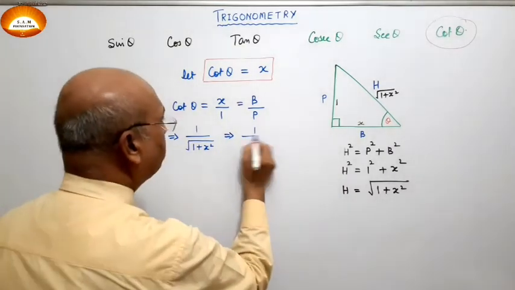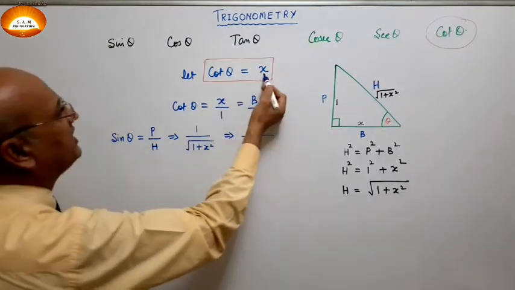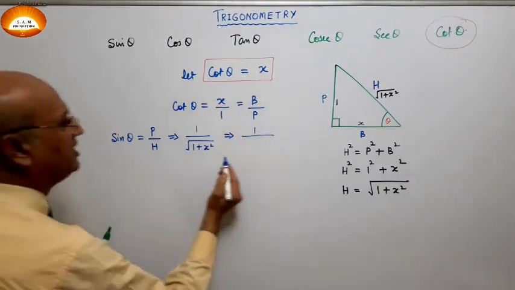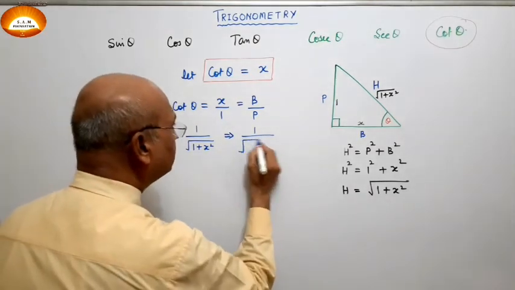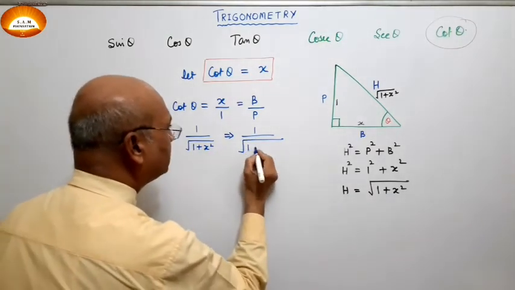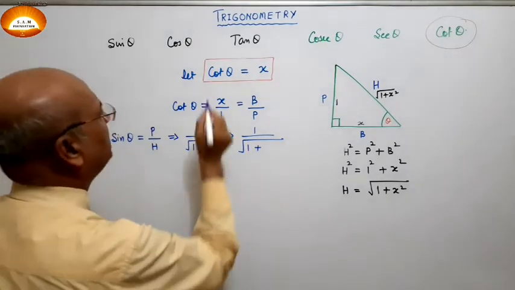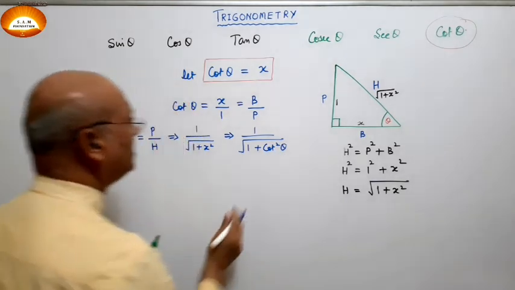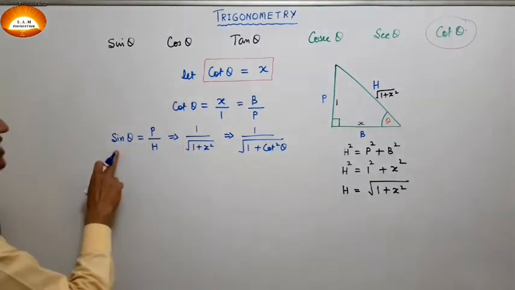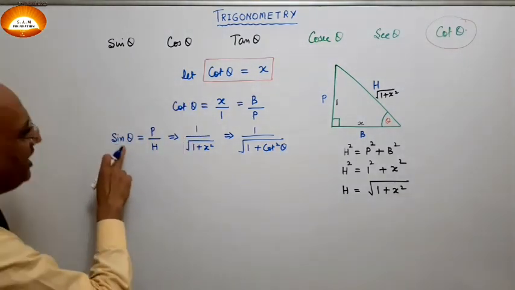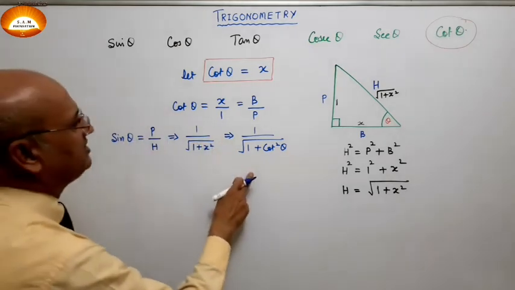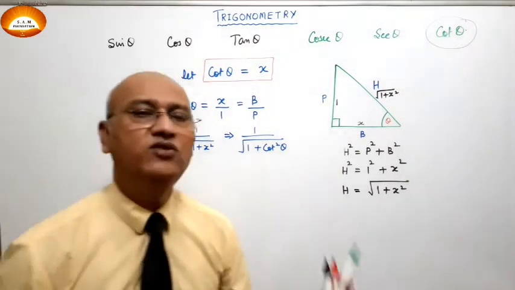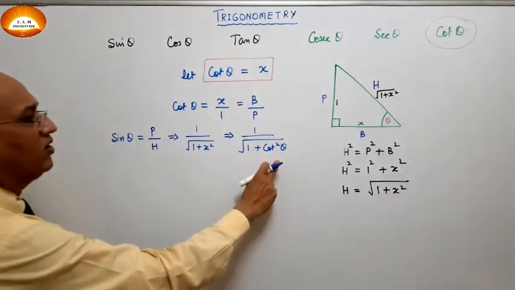Again 1 upon, what was the value of x? The value of x was cot theta. So x square will be cot square theta. So we can write 1 as it is, and in place of x square we can write cot square theta. So see what I have done. I have expressed sine theta as 1 upon under root 1 plus cot square theta. You got the value of sine theta in terms of cot theta.